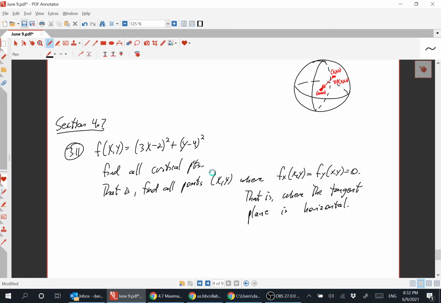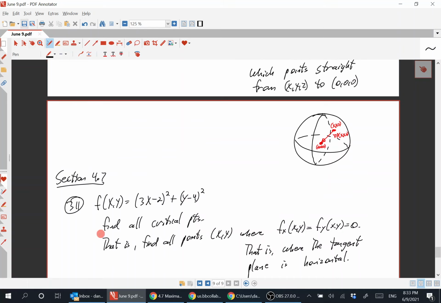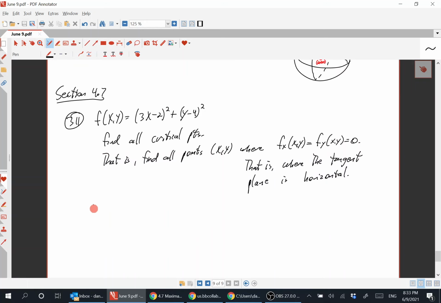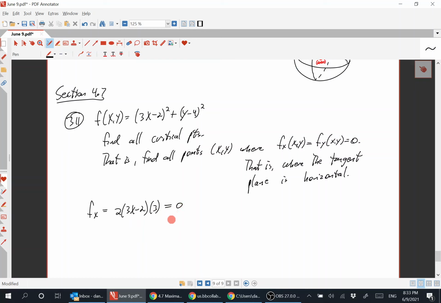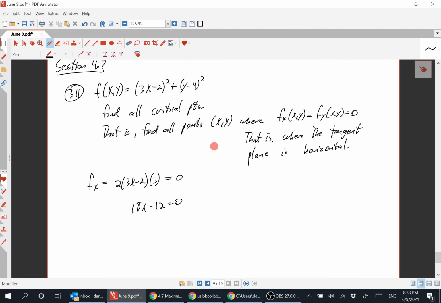All right, so you just take those partial derivatives and you set them equal to 0. So in this case, the partial derivative of f with respect to x is 2 times (3x minus 2) to the first power times 3. And then the derivative of the other term is 0. And you set this equal to 0. So this just gives you 6 times 3, 18x minus 12 equals 0.